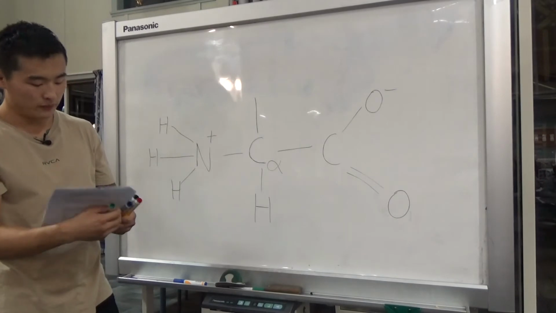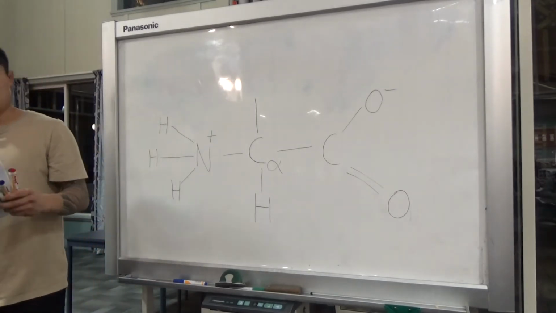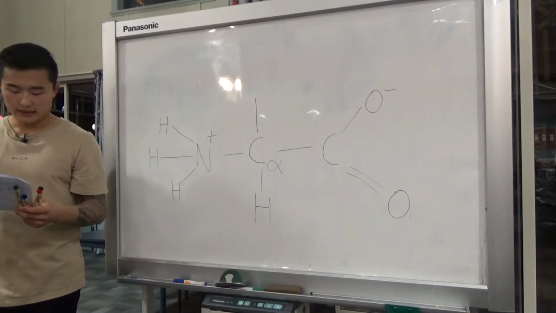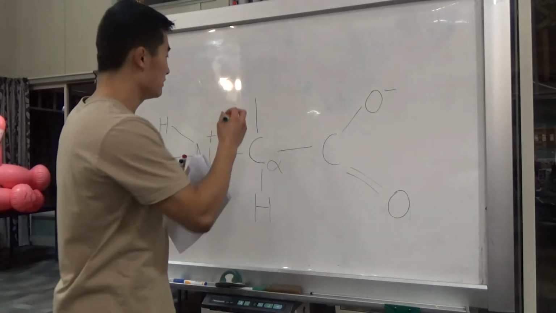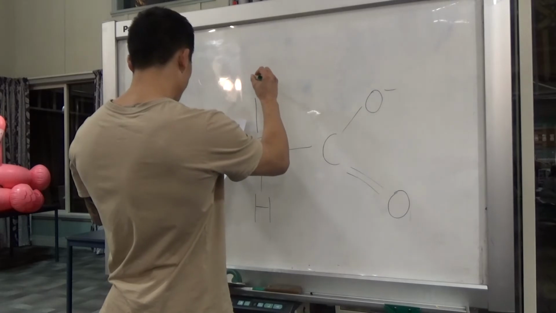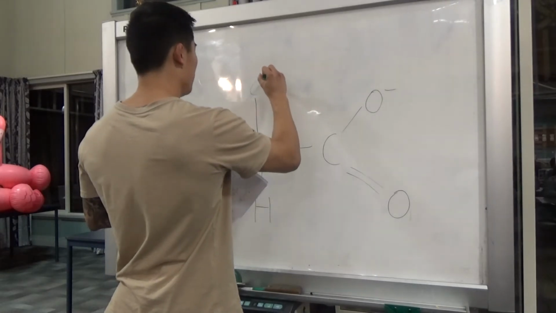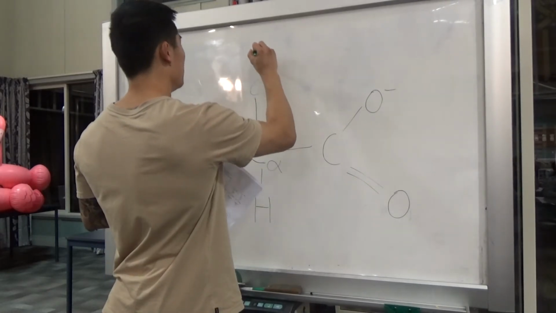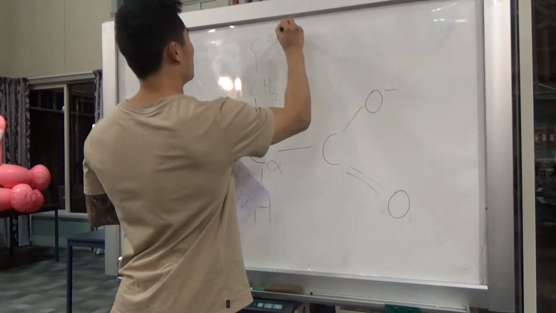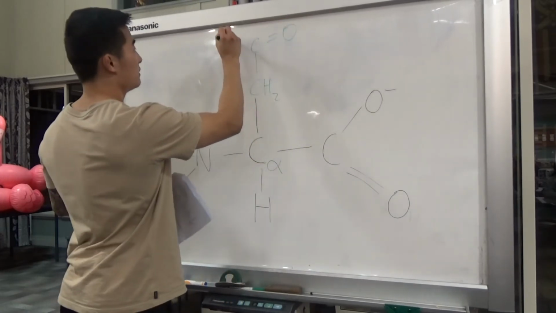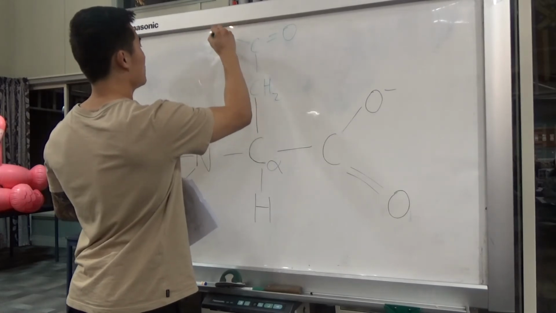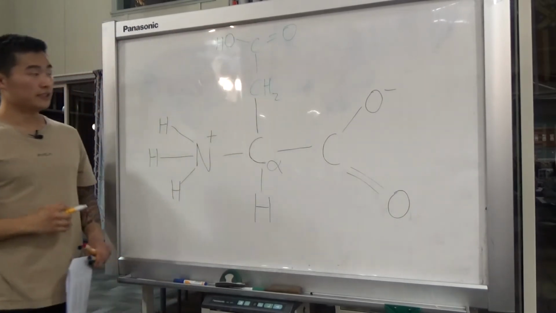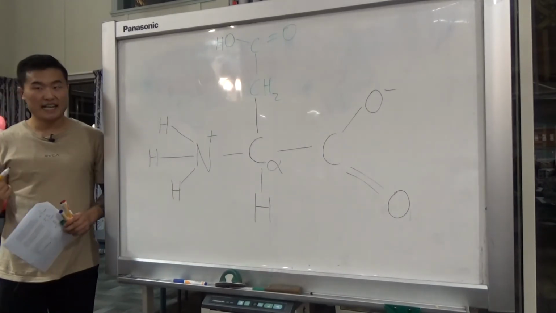So you have 2 acidic amino acids, and they are aspartic acid. Aspartic acid is CH2, C, and so on. This is the structure of aspartic acid.